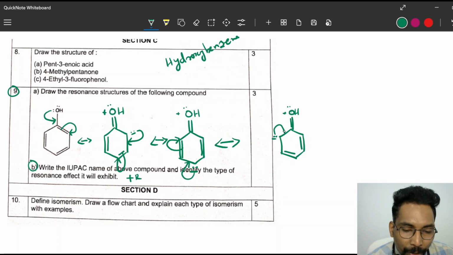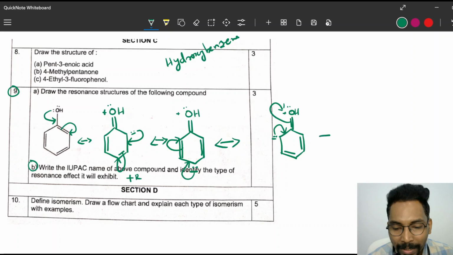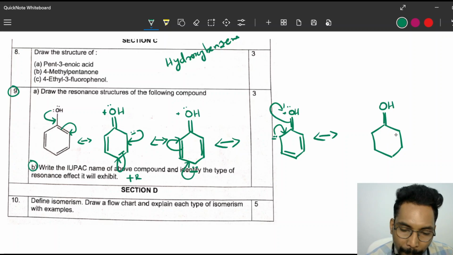This will move to this particular place. So at the same time, the electron pair in this double bond will move back to the original place. Okay, original place. So you will get the structure like here one double bond, here one double bond, here one double bond.